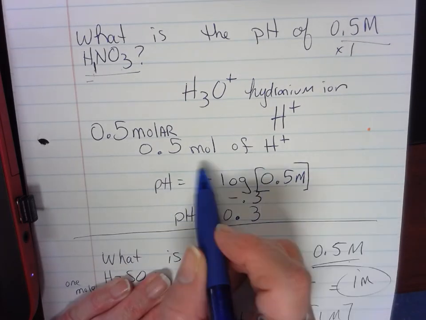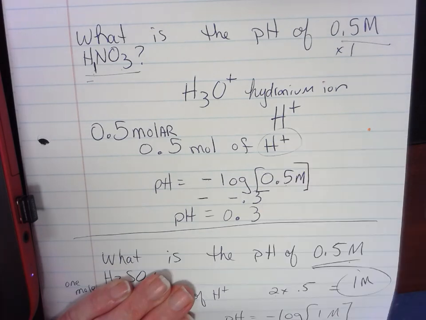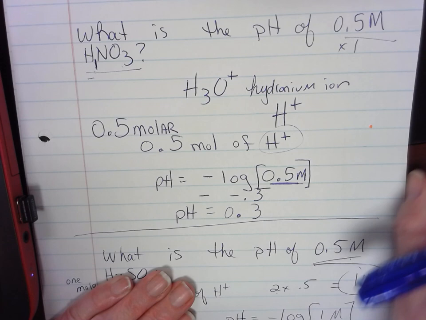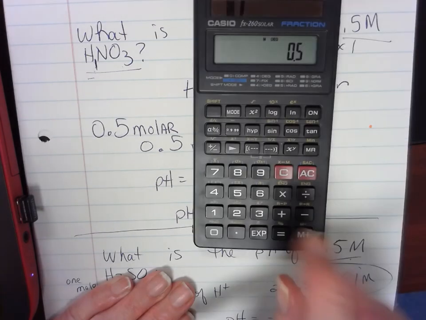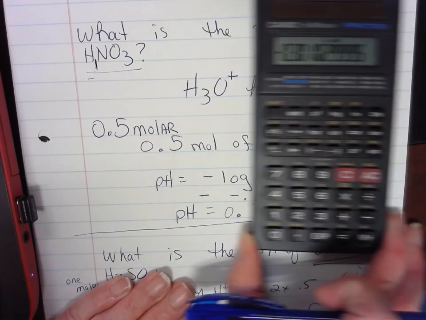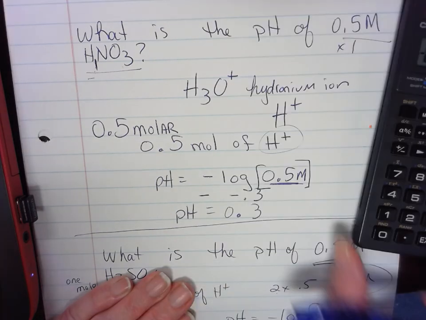Okay? So you put the 0.5 in there, and you hit that log button, and that gives you a negative 0.3. You turn that into a positive, your pH is 0.3.